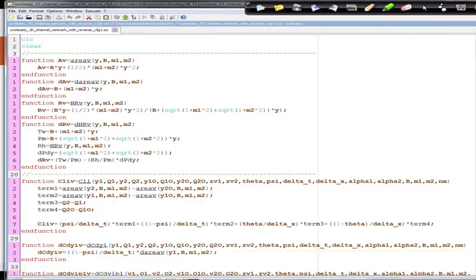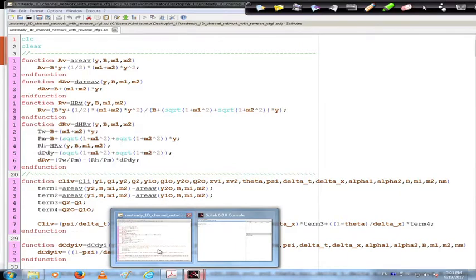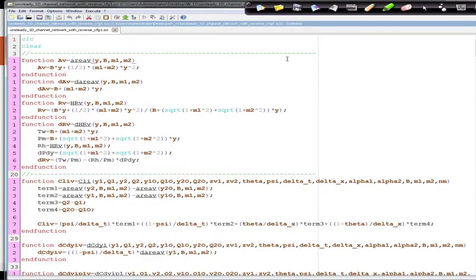So, in this case, let us start the program with CLC, which is clear console, clearing all variables. First one is area calculation, area as a function of y, b, m1, m2.